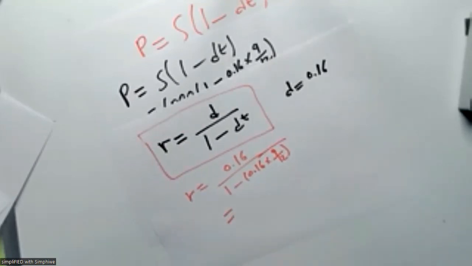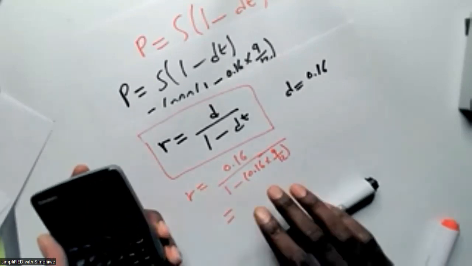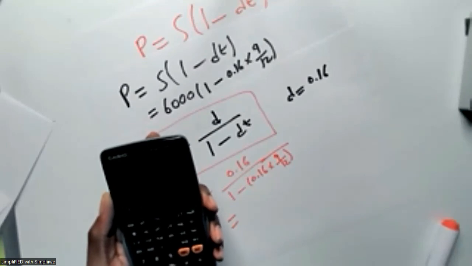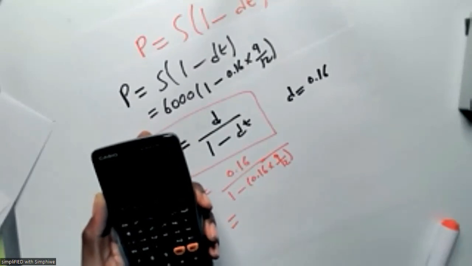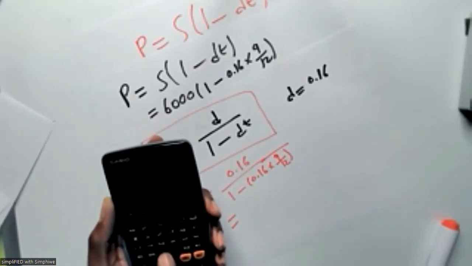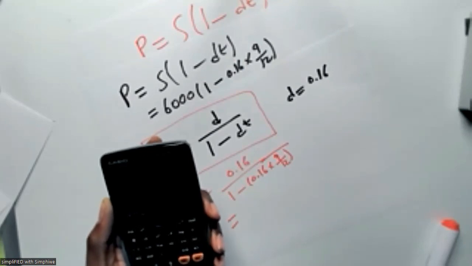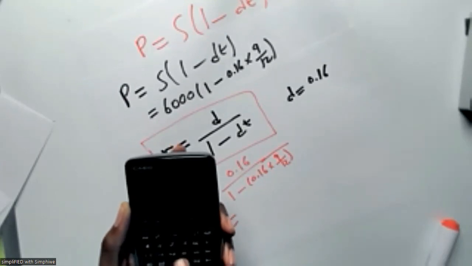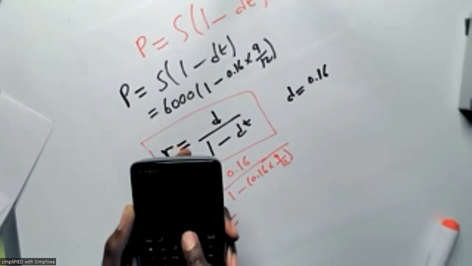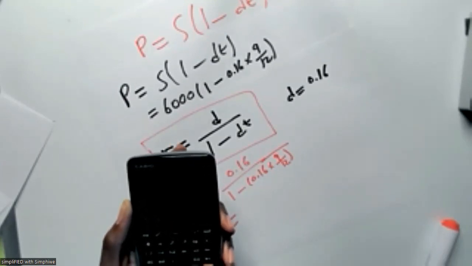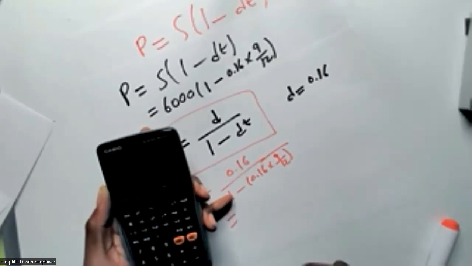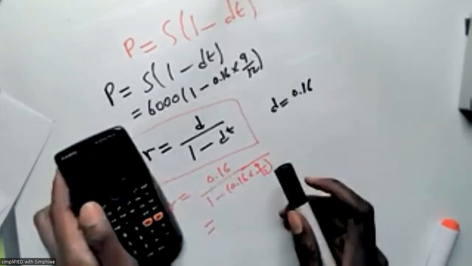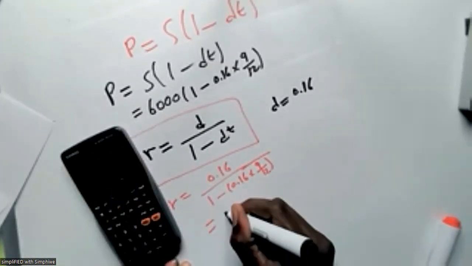So my value will then be 2 over 11, which is roughly 0.18, which is 18%.